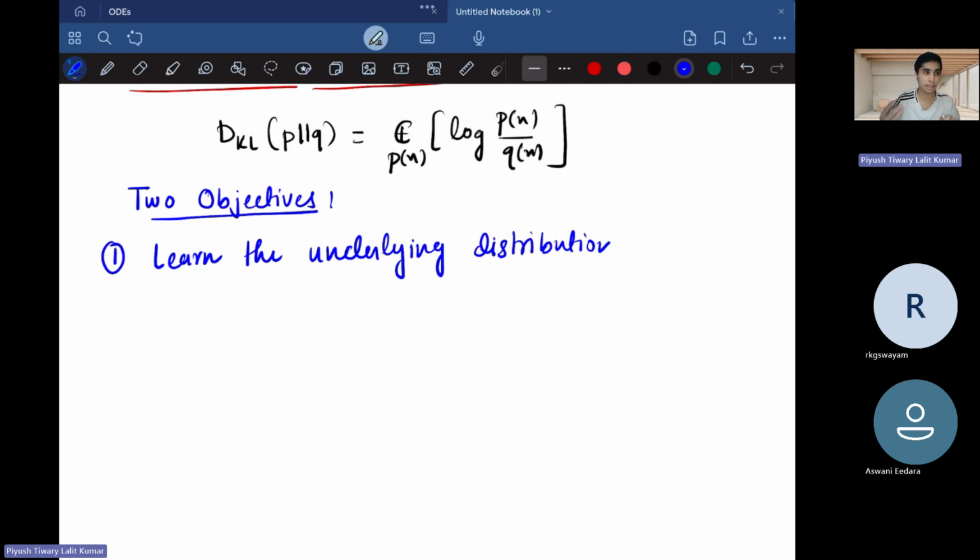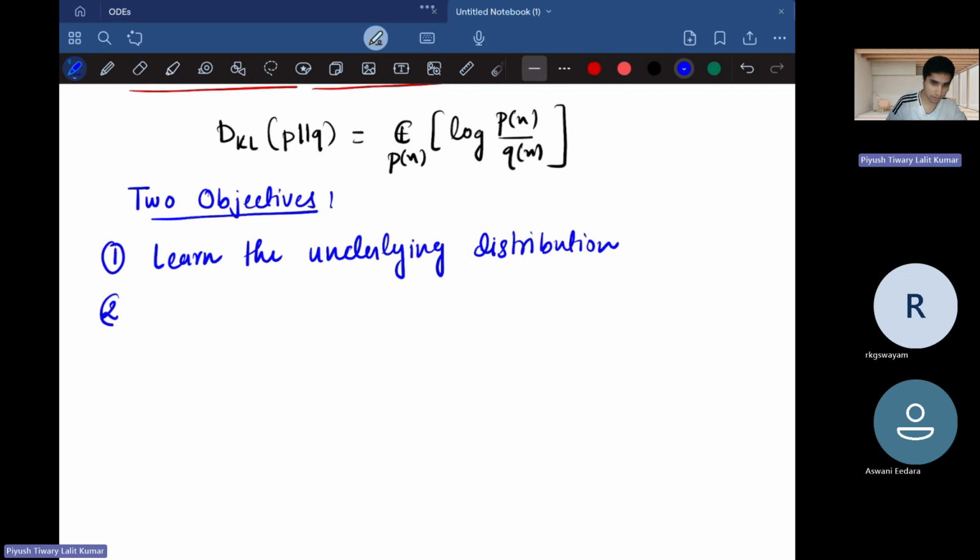We can think of images as a random variable, and to generate new images, we want to learn the underlying distribution of the images so that we can generate more images. You have a random variable, and you want to learn the underlying distribution so that you can sample from that distribution and generate new representatives of that distribution. That's all.